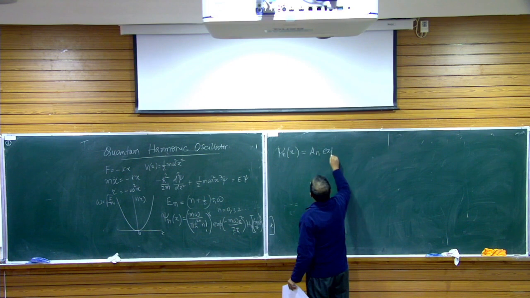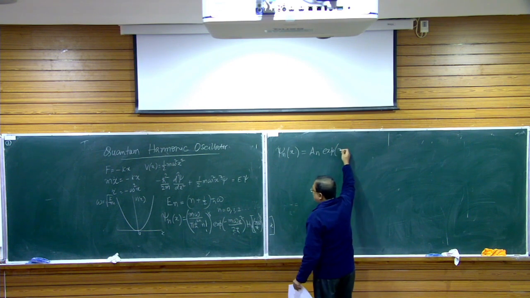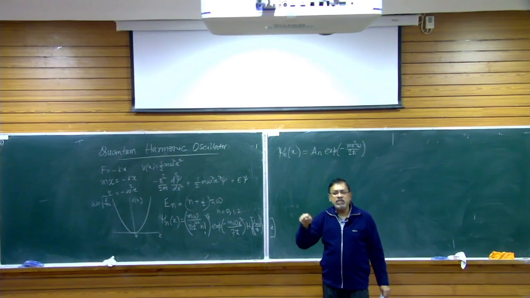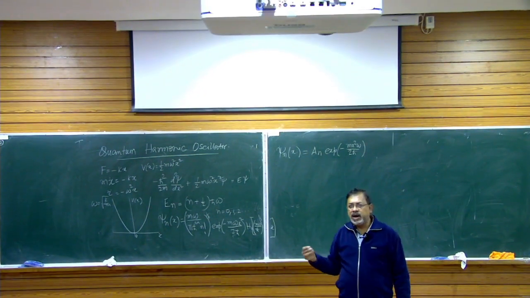Then there is a term called a Gaussian. The Gaussian function is an exponential minus alpha x square kind of term.